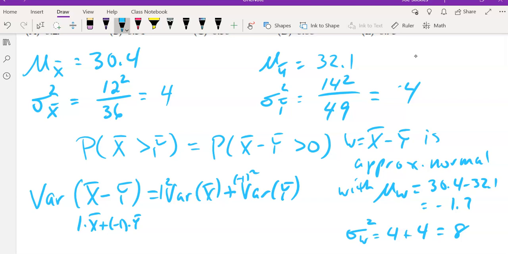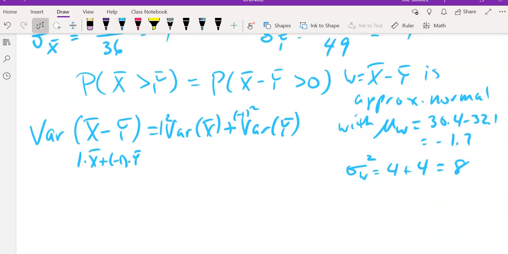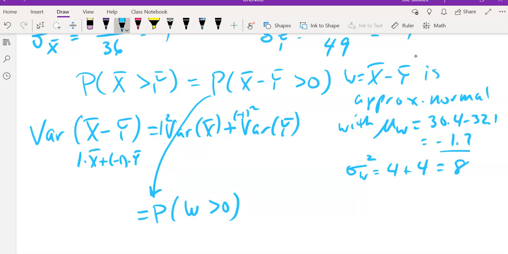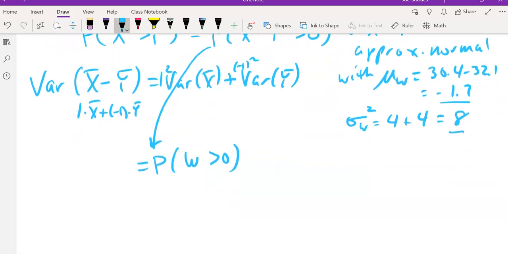Yeah. Okay. All right, so let's go back over here. So we want the probability that W is greater than 0. I now have the mean of W. I now have the variance of W. So how do I convert this into a problem where I can look it up on the table? What do I need to do?